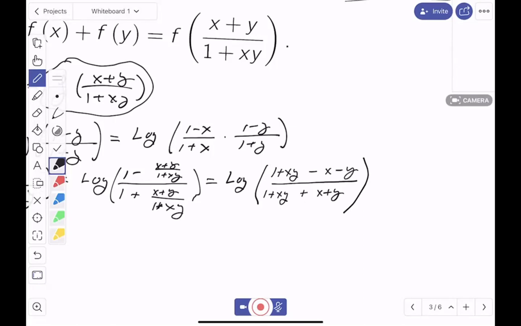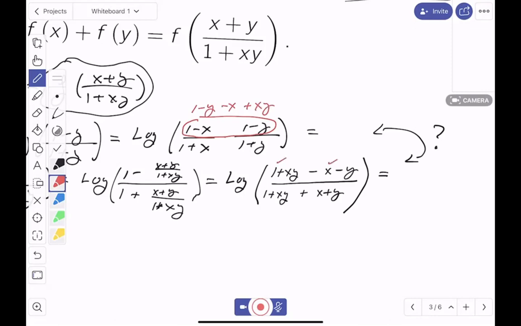All right, now here comes a big question. Am I getting the same thing? Is this and this the same thing? Let's take a look at it. I want to look at one thing at a time, though. I want to look at the top. Are the tops the same? Let me multiply that. What would you get? 1 minus y minus x plus xy. Let's see if we got the top. I see the 1.